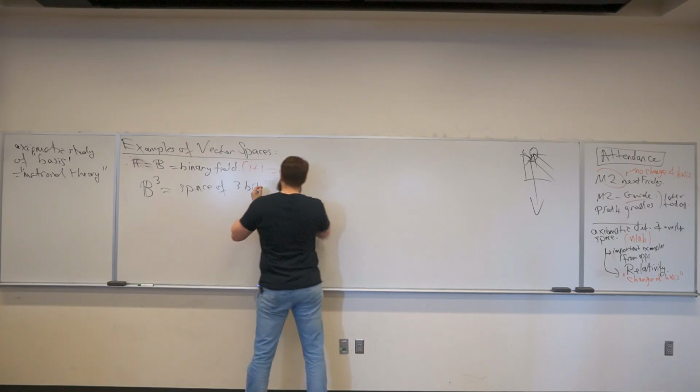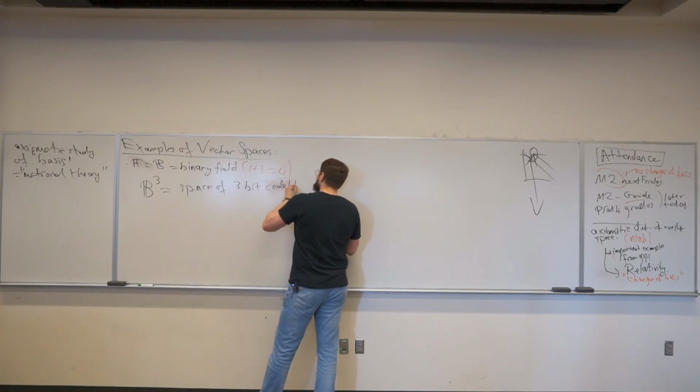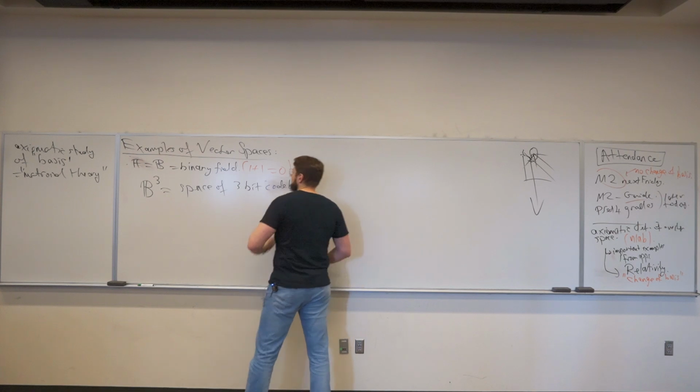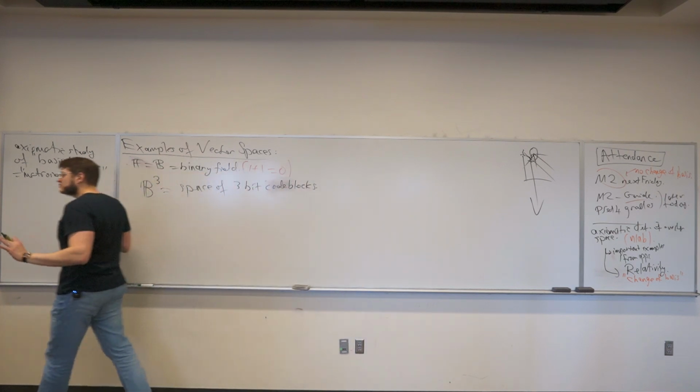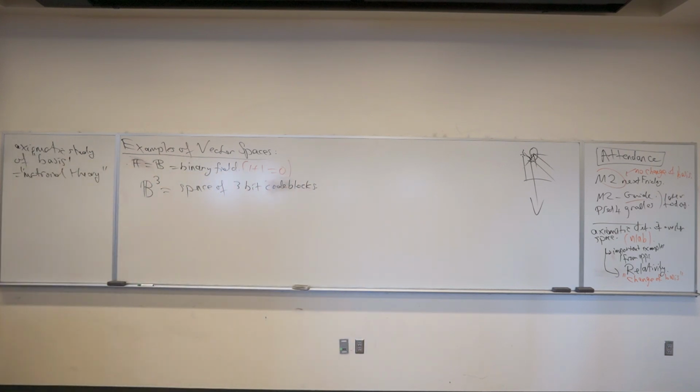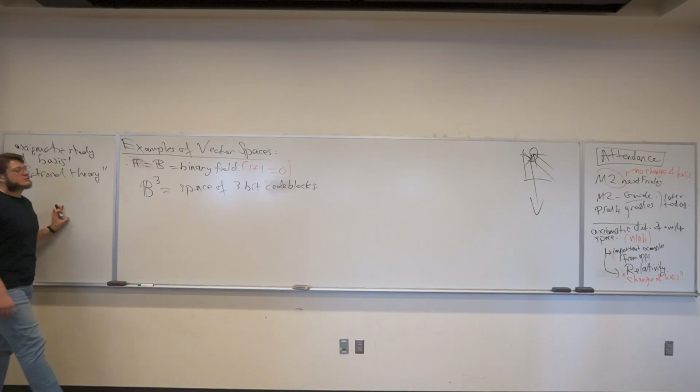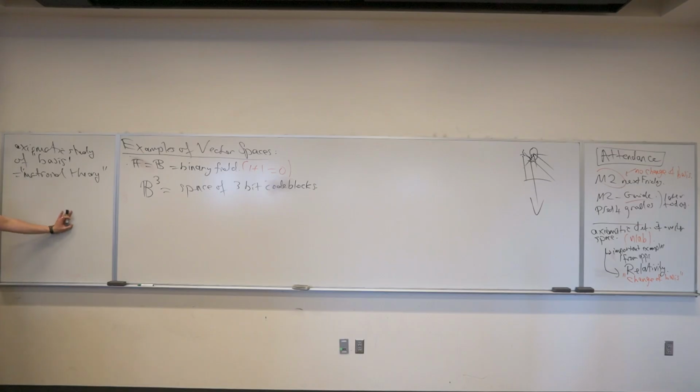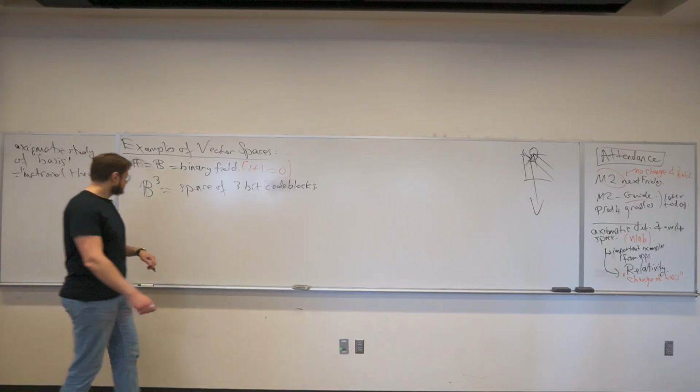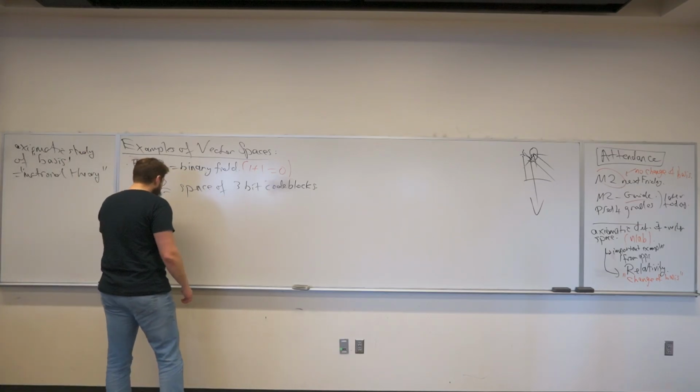So you see, even though certain linear algebra rules are the same, the intuition is very different here. Because this space has exactly 8 vectors in it. Very bizarre. And so you can just list this down.